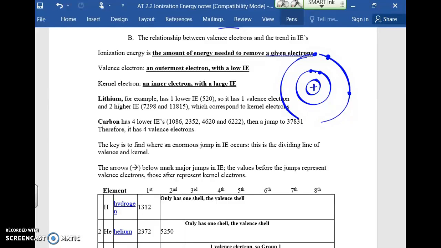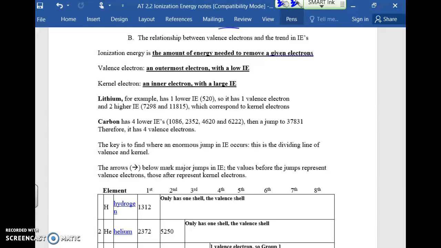If I want to remove that electron, it takes a specific amount of energy. But then each other electron that I have to remove has its own energy. They always increase. As I remove one, it's harder to remove the next one. So in the case where I had 6 electrons in this atom, I have 6 different ionization energies for carbon.